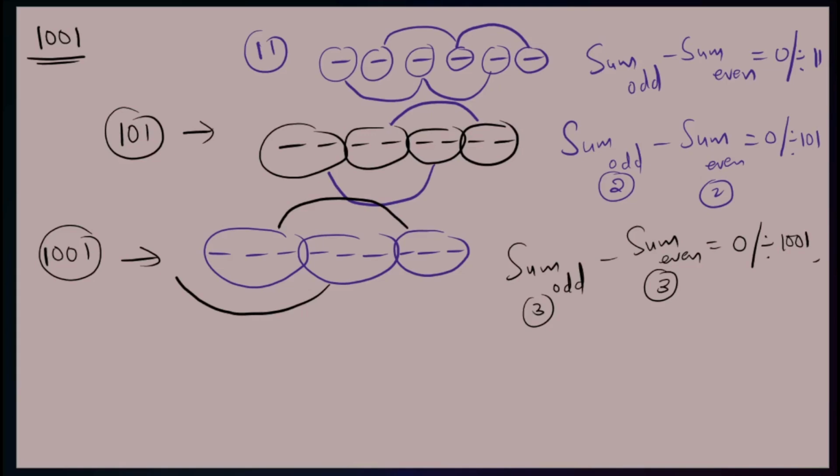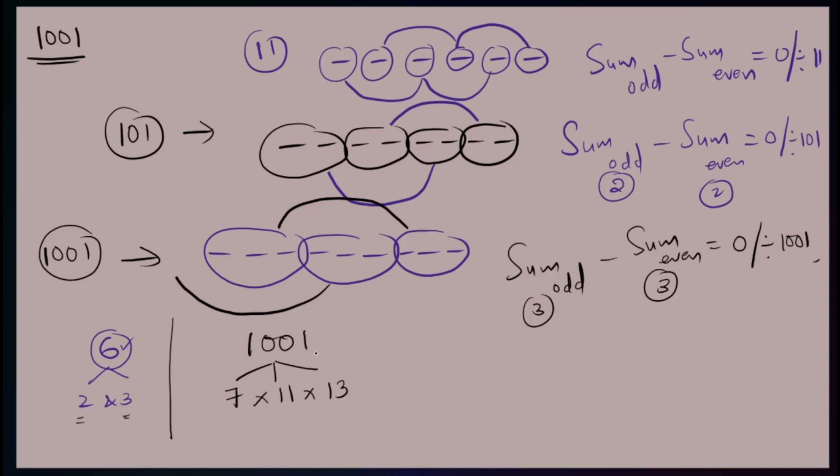Now let me tell you one thing. What is the divisibility rule of 6? It should be divisible by both 2 and 3, because this is a composite number. Any number divisible by 6 should definitely be divisible by 2 and 3. Similarly, 1001 is also a composite number, the product of 7, 11 and 13.